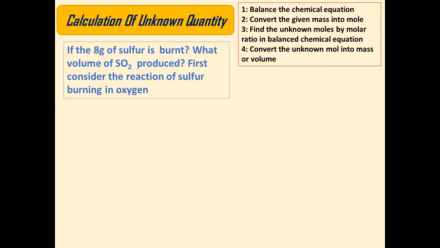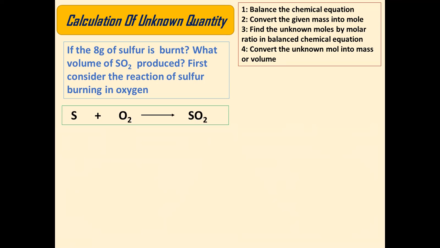First we'll write the balanced chemical equation and convert the mass of the reactant into the mole. And with the help of the molar ratio in the balanced chemical equation, we're going to find the unknown mole of the product. And this unknown mole of the product is converted into the volume.